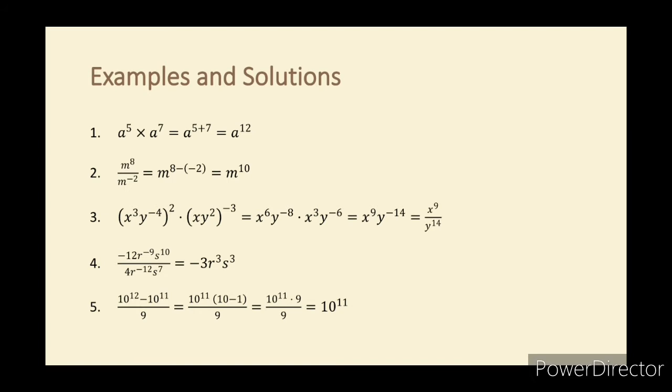M to the power of 8 over m to the power of negative 2 equals m to the power of 8 minus negative 2 equals m to the power of 10.